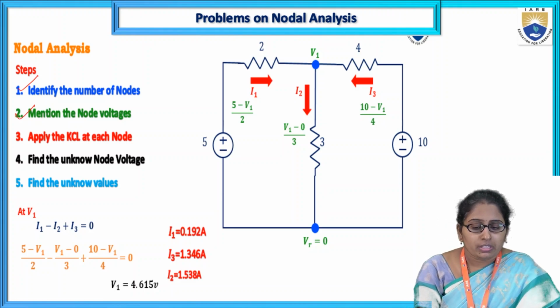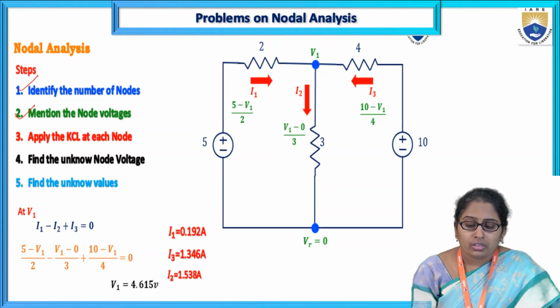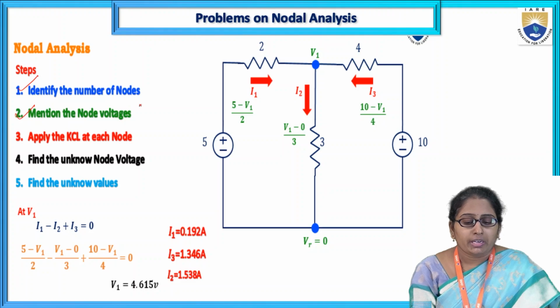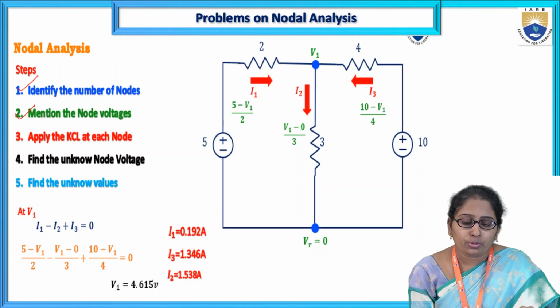So here look at this problem, a small circuit. Identify the number of nodes. Second step, mention the node voltages, right? Based on the number of nodes, take the node voltages. If there are two nodes, node voltages are V1, V2, like that.